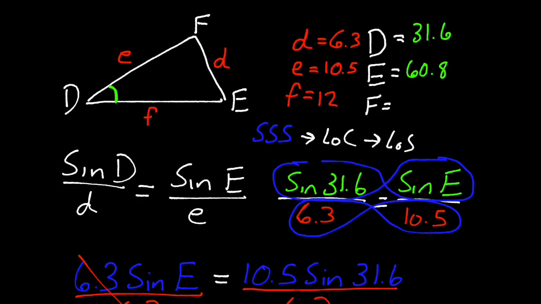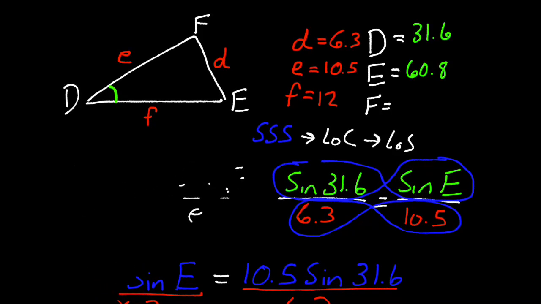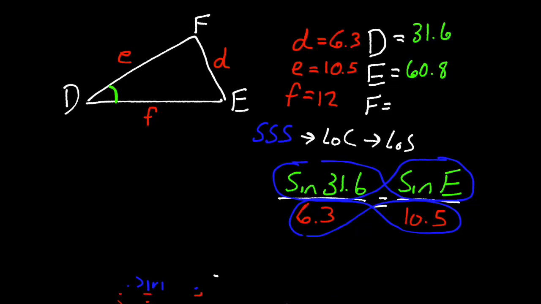And now, finally, just like with the first example, I know 2 of my 3 angles. The easiest one to get is going to be the final angle. Take 180, subtract the angles that we know, and we are going to be able to get the angles that we don't know. So let's do 180 minus 31.6 minus 60.8.